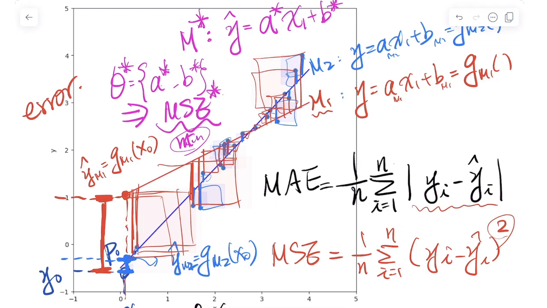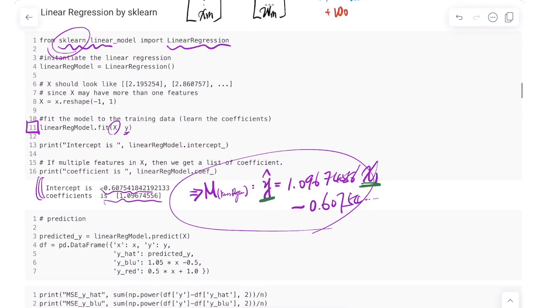If we can find such a model, we call it the optimized model of this linear regression. It has a perfect slope A star and a perfect intercept B star, and it has the minimal MSE value. That is called M star. By using those packages in Python, we can easily find the M star.